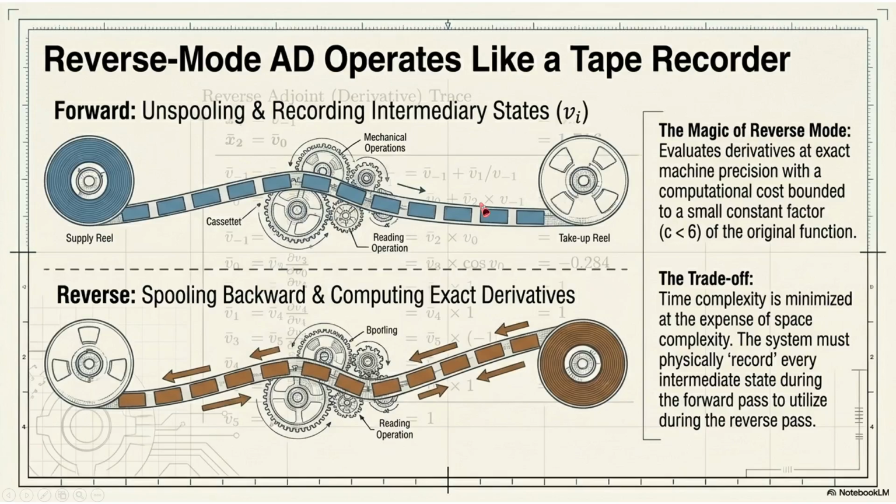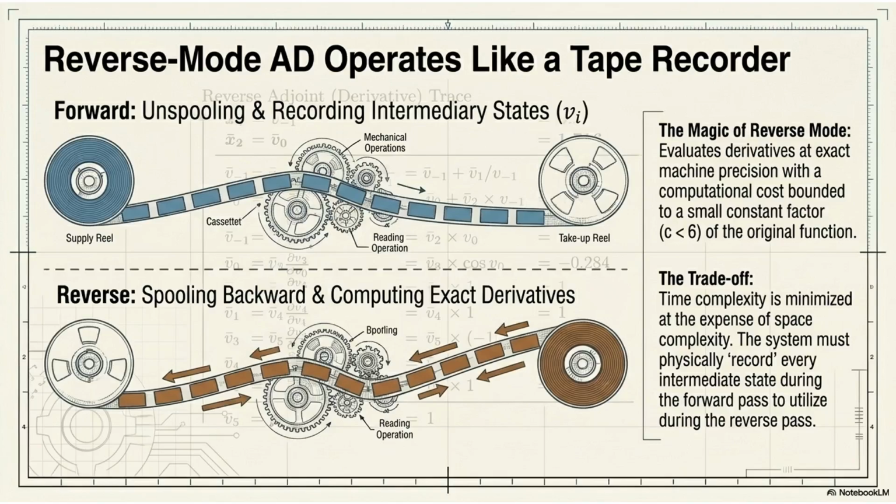So, reverse mode AD operates like a tape recorder. To really visualize the AD, think of it as a mechanical tape recorder. During the forward pass, the system unspools the tape, recording every single intermediary state and mechanical operation.